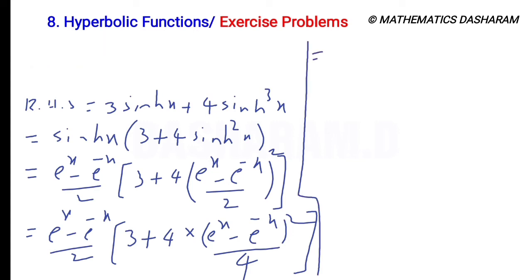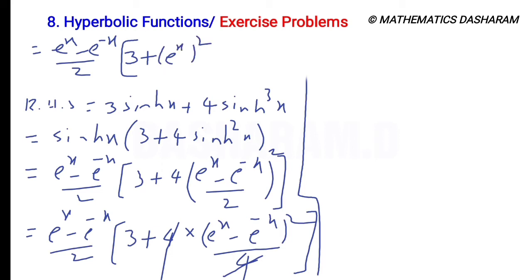So now it equals e to the power of x minus e to the power of minus x by 2, into 3 plus, here the 4 cancels, and here apply the (a minus b) whole square formula: a square plus b square minus 2ab.